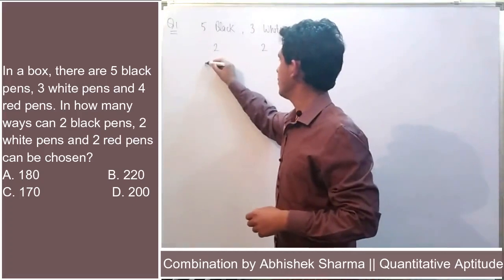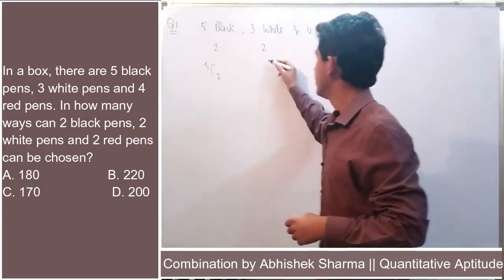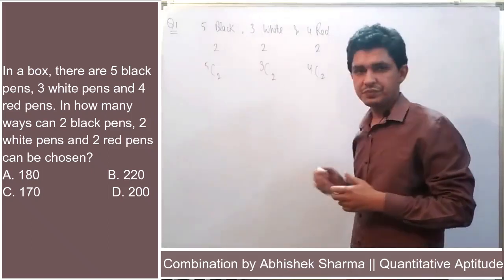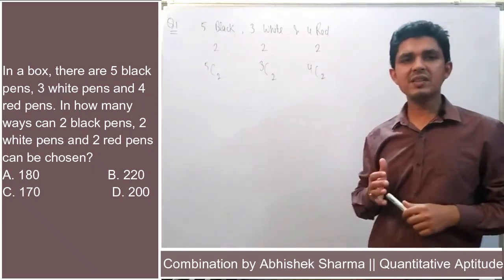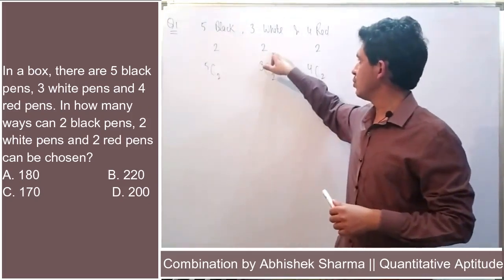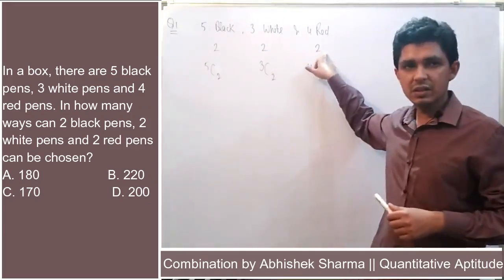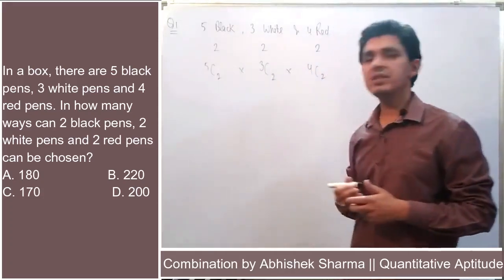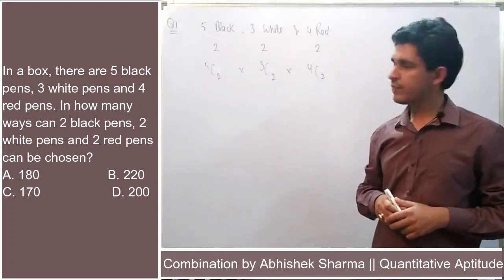It can be applied as 5C2, 3C2 and 4C2. The operation is AND: we have to select 2 balls here and 2 balls here and 2 balls here. Whenever we have an AND operation, we just have to multiply the things.